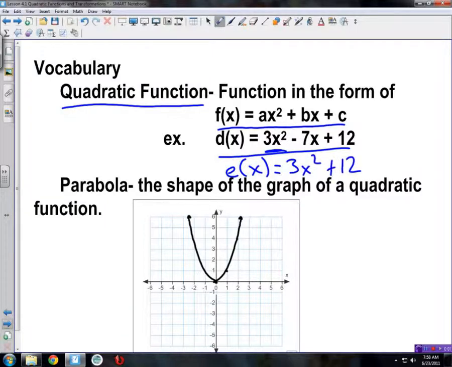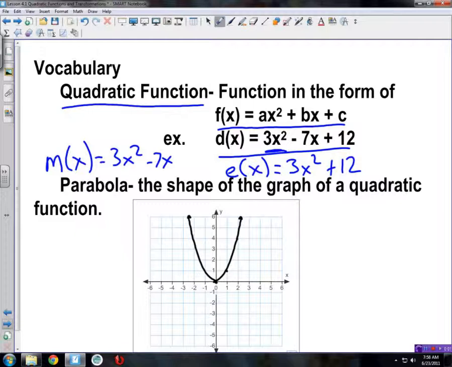Now you notice we're missing that middle term, that negative 7x term, but it's still quadratic because it still has the x squared on it. And just like that, we could have m of x is equal to 3x squared minus 7x with no 12. And then it could also just be 3x squared. It would also be quadratic. Those are all examples of quadratics.